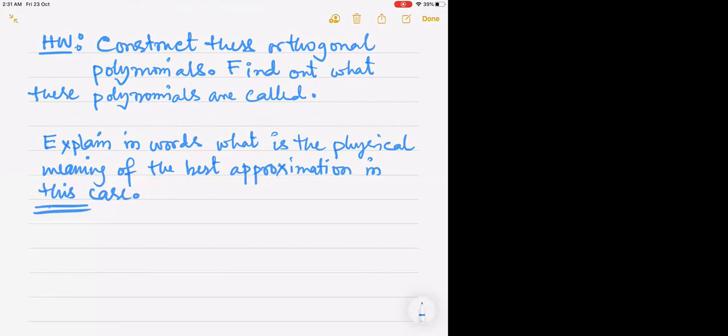The best approximation by a degree 100 polynomial would give me the best possible representation of the original function, which requires 1,000 coefficients, by 100 or fewer coefficients. So that way I save in the data.